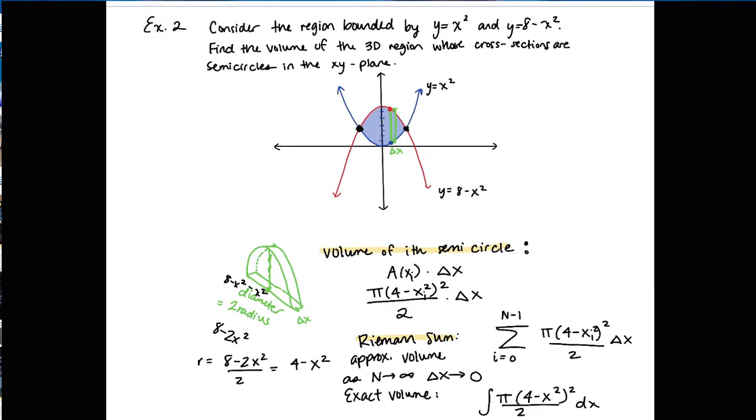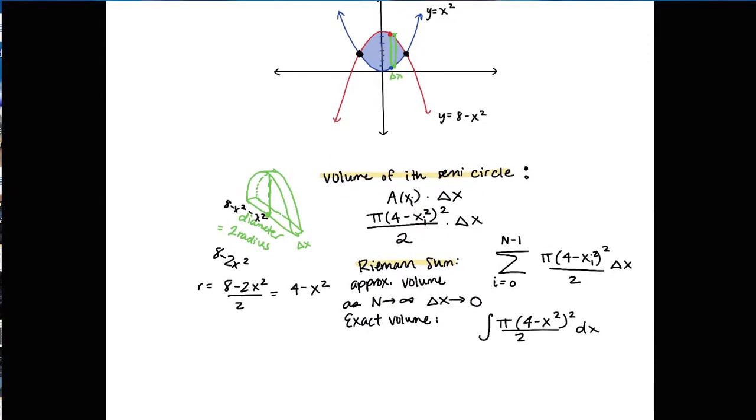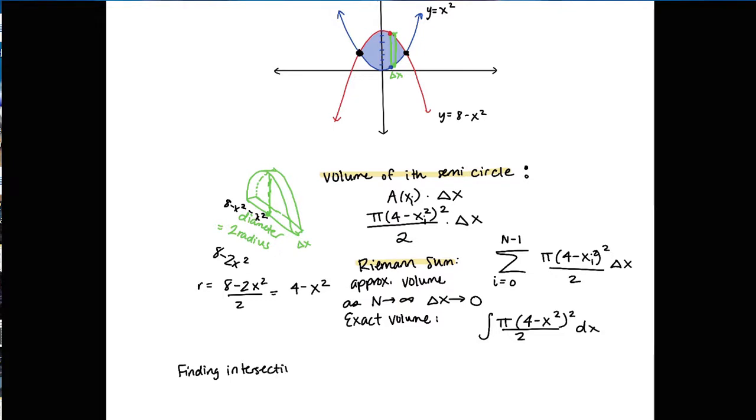Okay, so this one seems like it's going to be symmetric on both sides. We have to find out the limits here. So finding limits of integration is coming down to finding the intersection points there.